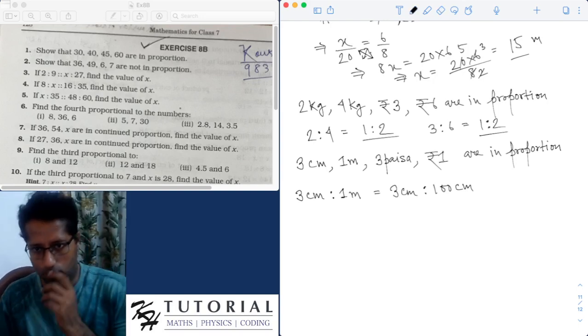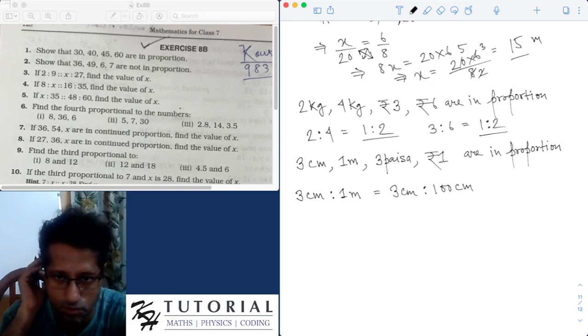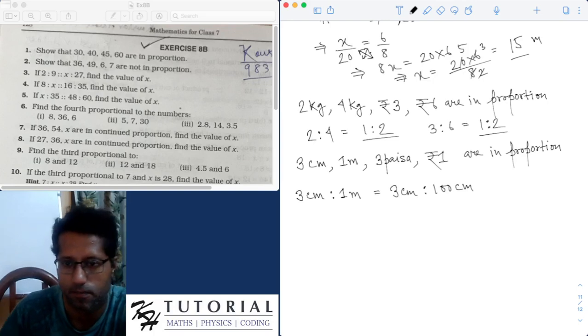Okay. So now 3 centimeter is to 1 meter. We have to convert both the units to the same unit. 3 centimeter is to 100 centimeter, which equals 3 by 100.